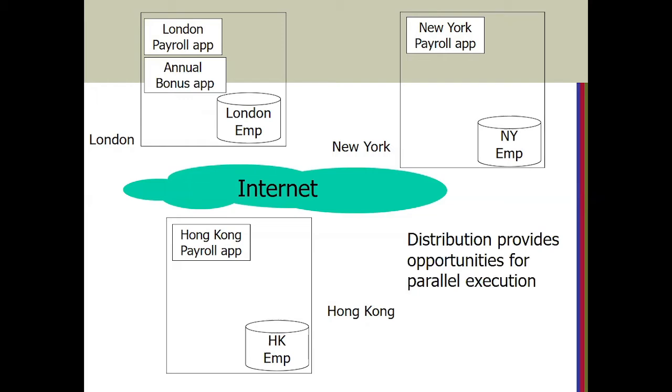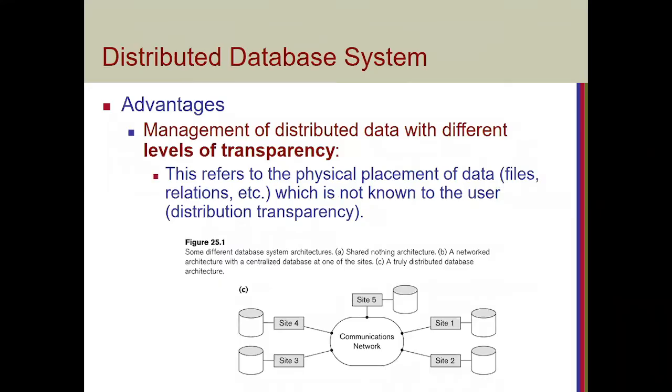We have data being accessed across multiple sites easily, so we can always have parallel executions of applications. This is just an example of how the concept of distributed databases works.